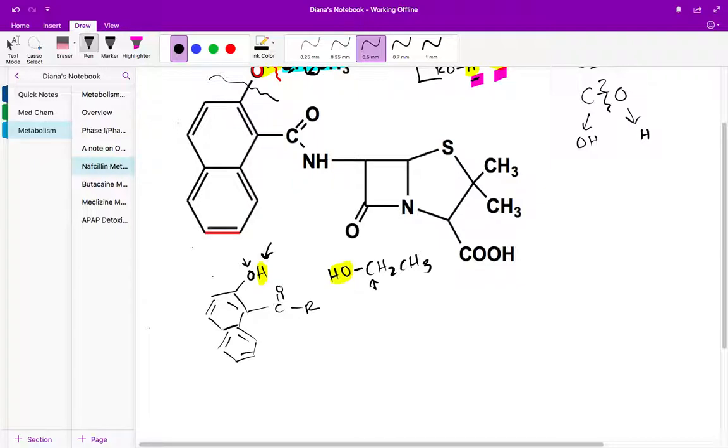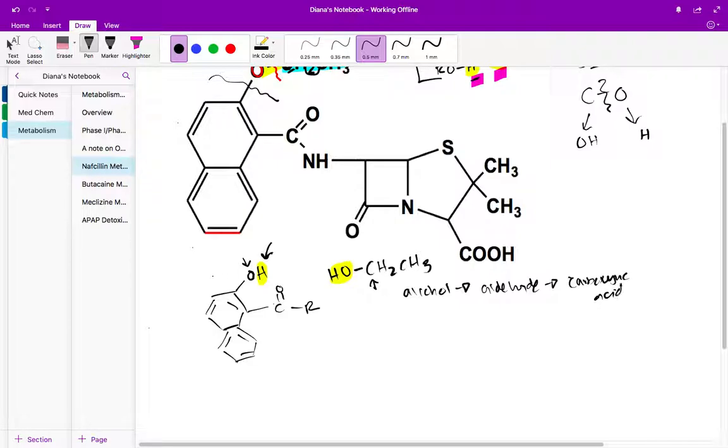And what do we know about alcohols? What we talked about in our oxidation reaction? This alcohol can undergo two reactions, alcohol dehydrogenation followed by aldehyde dehydrogenation, to get us all the way from the alcohol, which is the oxidation state right now, to the aldehyde, to the carboxylic acid.